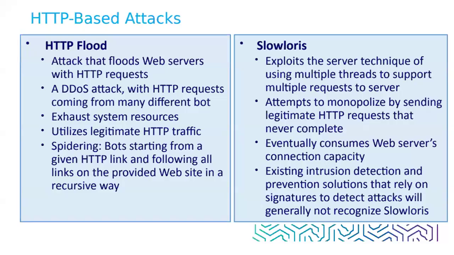HTTP flood usually uses a botnet, while Slowloris often doesn't. And the main target in HTTP flood is CPU, memory, and database, whereas in Slowloris it is the connection capacity or threads. So this is the major difference between these two.